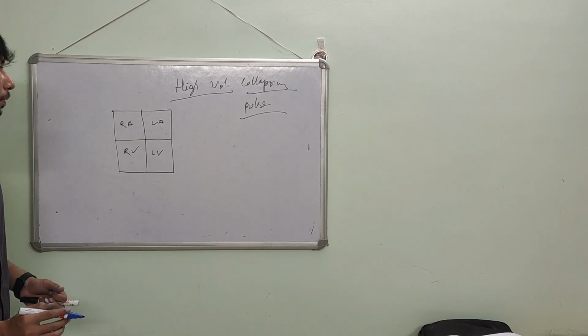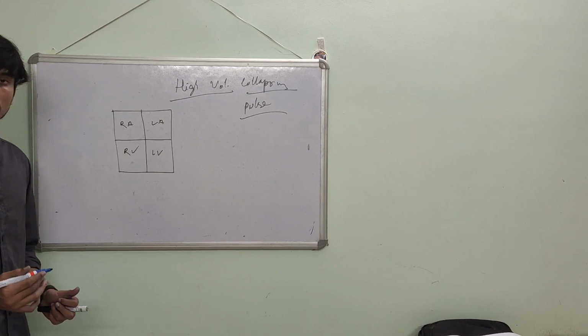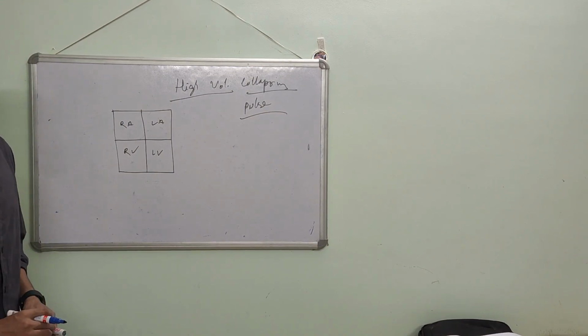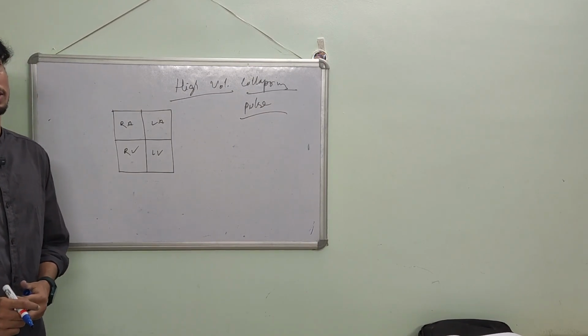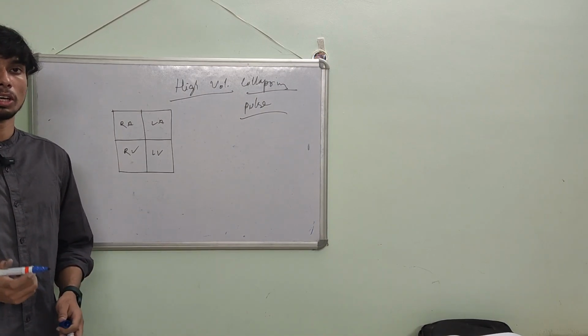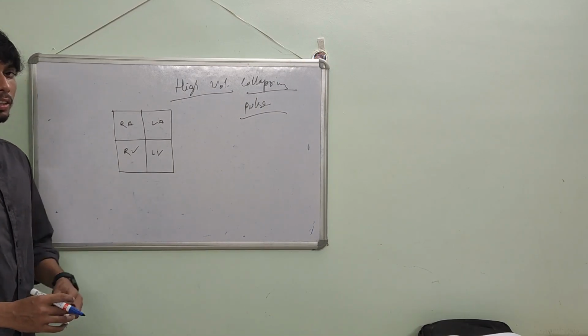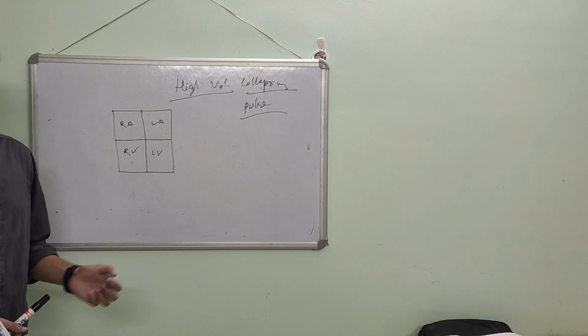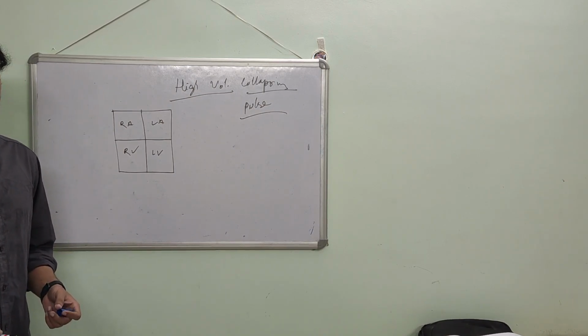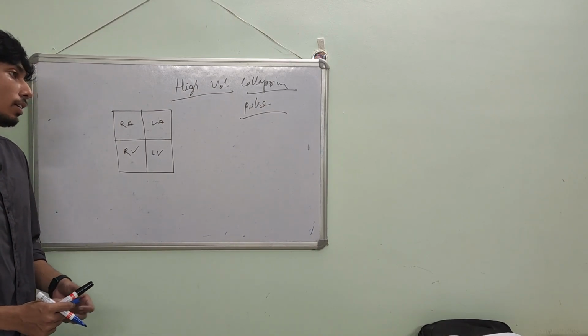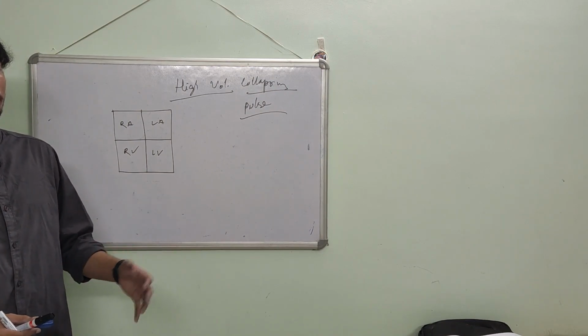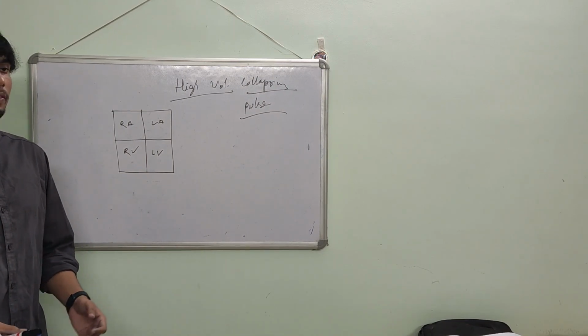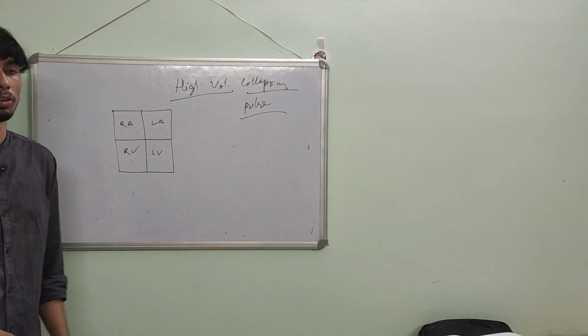So, what happens in any anomaly or in any disease, for example, aortic regurgitation, when a greater amount of blood is coming to the left ventricle, then due to increased force of contraction and the Frank-Starling law, a greater amount of blood is ejected from the left ventricle, and so the volume is high.